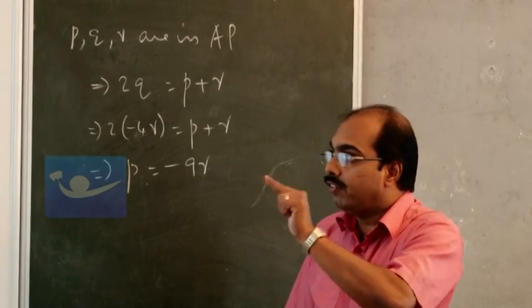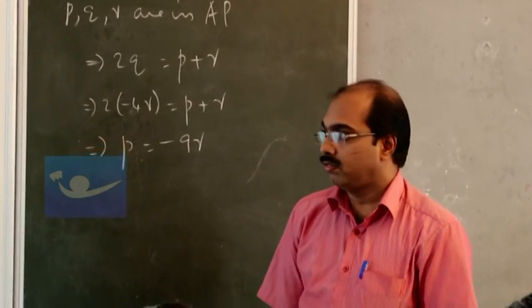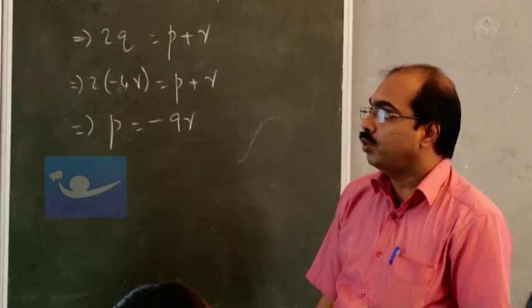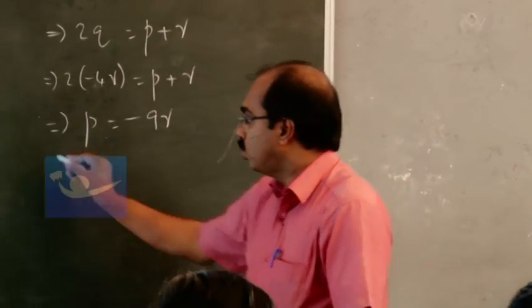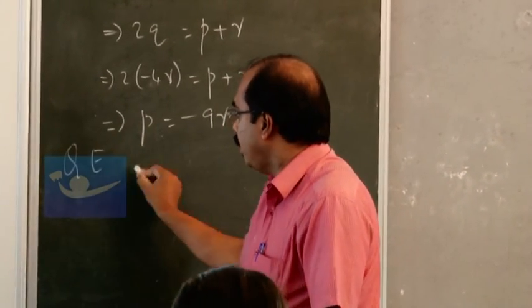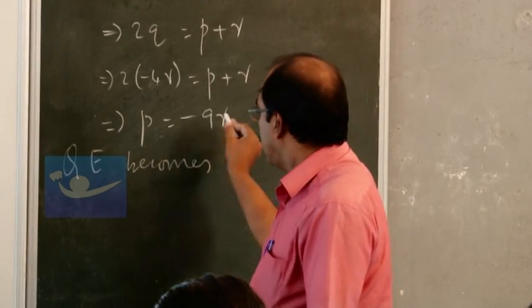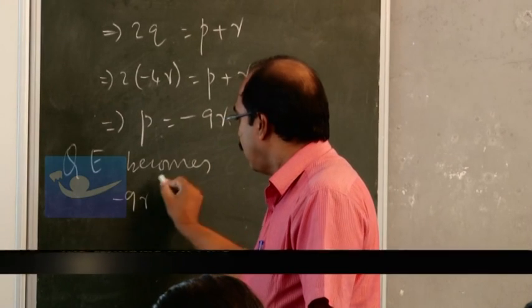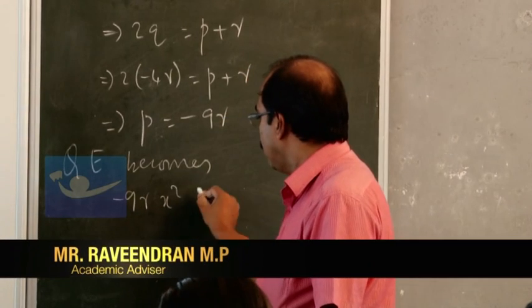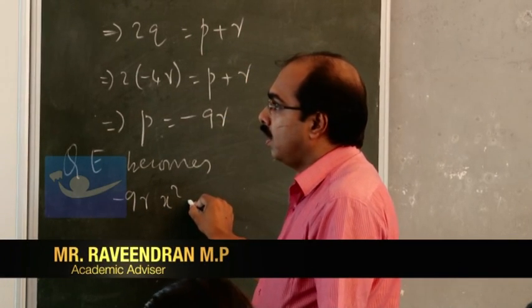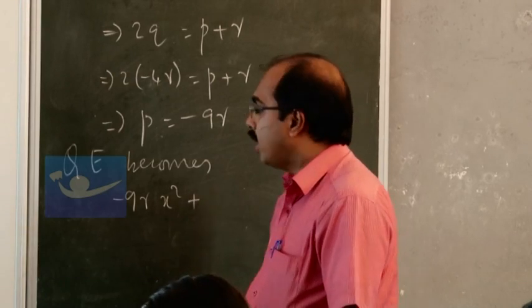Now, the given quadratic equation, what is that? px square plus qx plus r equal to 0 becomes, with p as minus 9r, minus 9r x square plus, what about q?